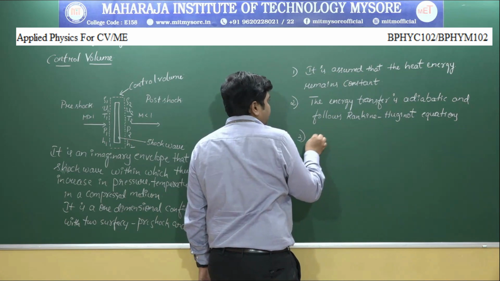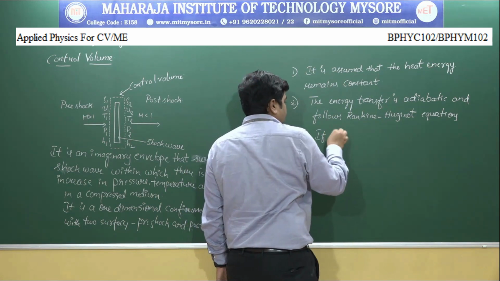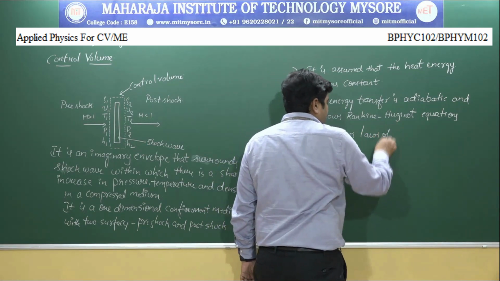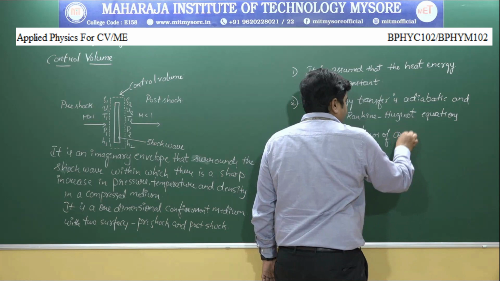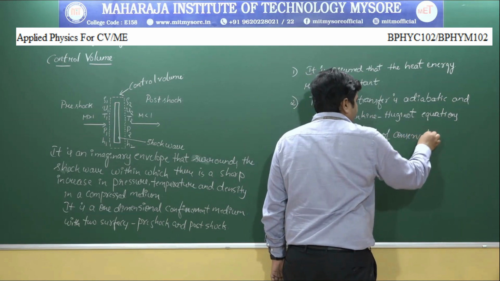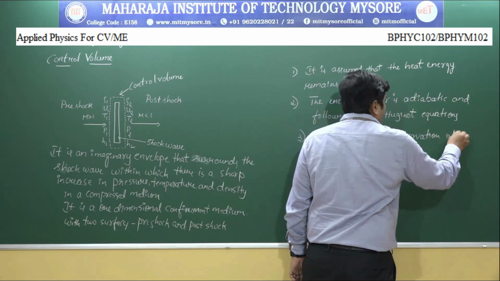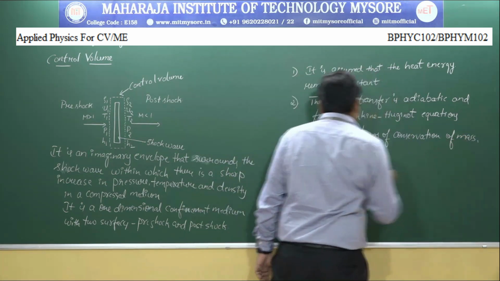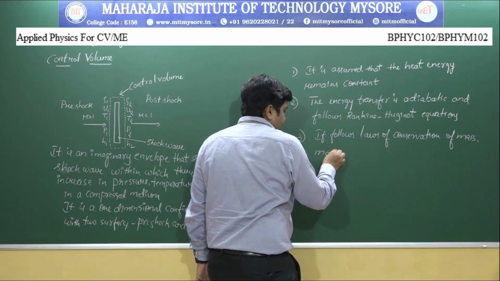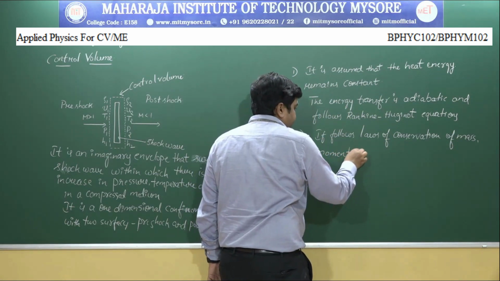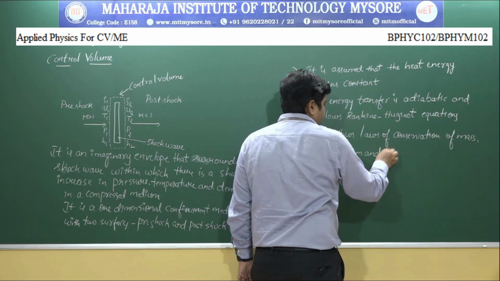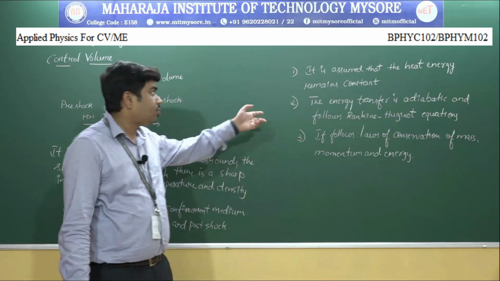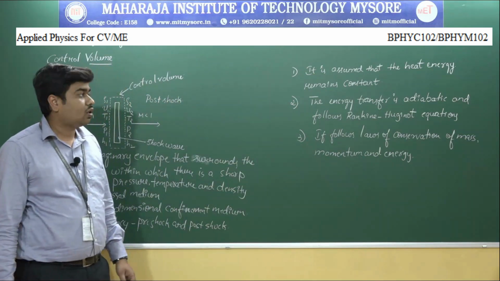And third one, it follows the laws of conservation of mass, momentum and energy. So these are the three properties of the model of control volume.